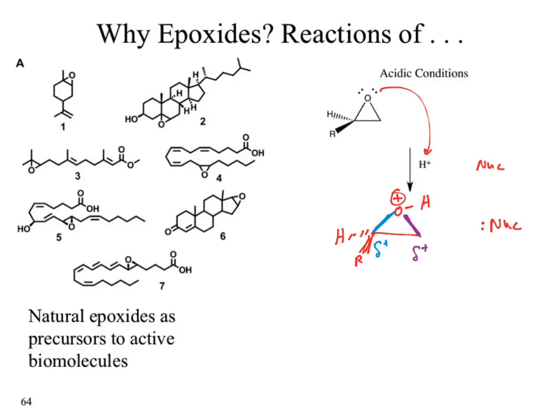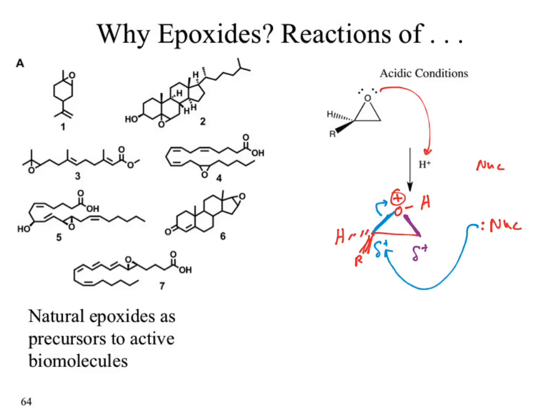That's awesome. SN1. SN1's favor attacks where? The more substituted position because of carbocations. There's no carbocation forming here, though. Okay? Because we know that is a weak nucleophile, it's going to attack there.